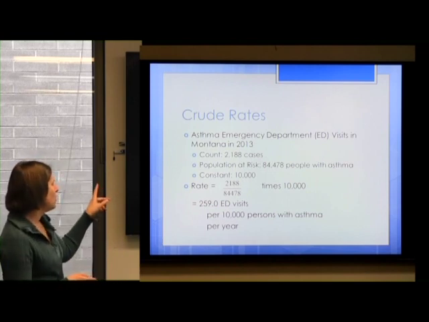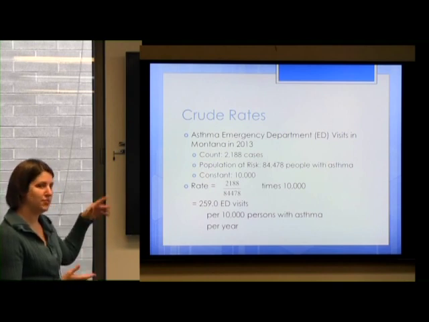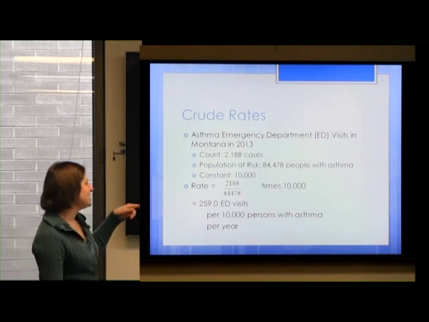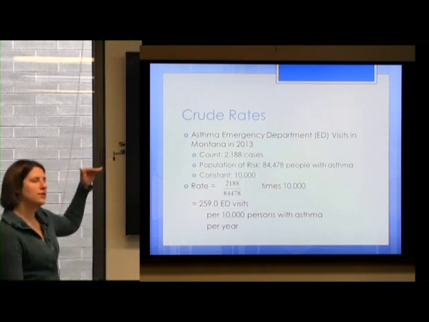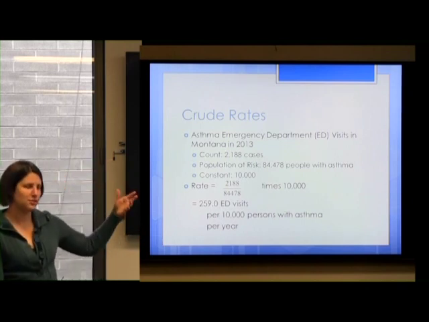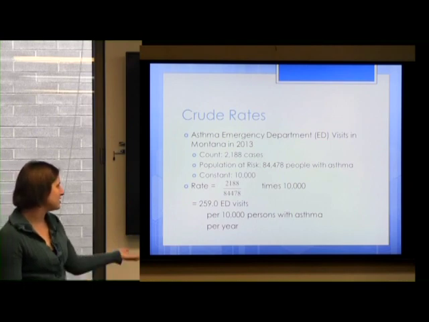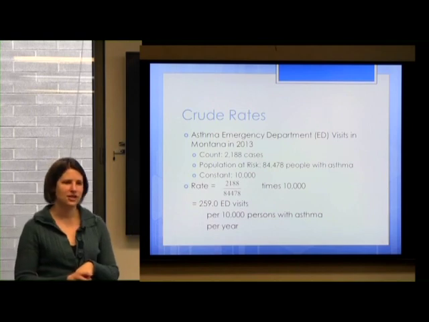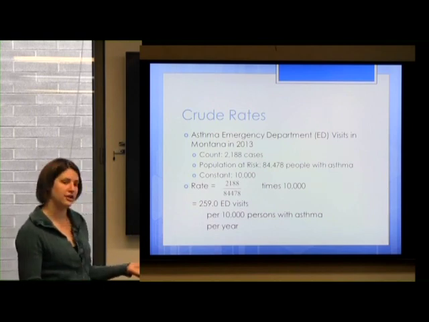And so then we can just pick our constant of 10,000, because that makes sense. And it's the same kind of thing, that we put the count over the population at risk and then multiply by the constant. And that gets us our rate of 259 ED visits per 10,000 people with asthma per year.